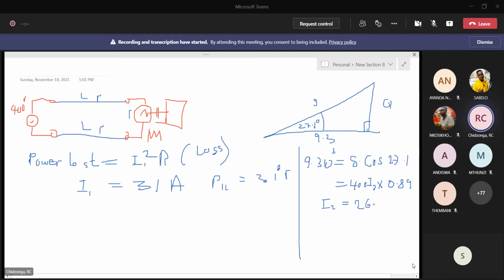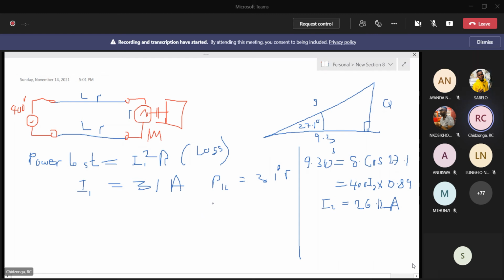26.12 ampere. So you see what has happened is, by improving the power factor from 73% to 89%, you have dropped the current flowing in the conductors from 31 amps to 26.12.